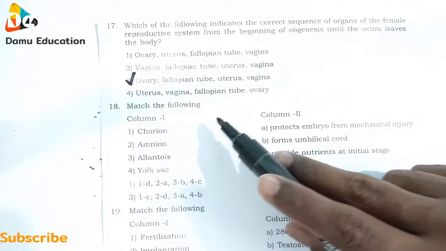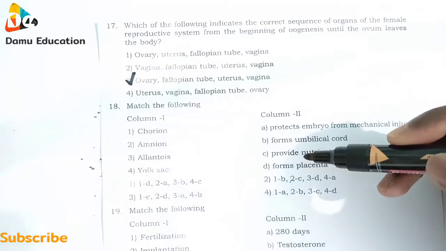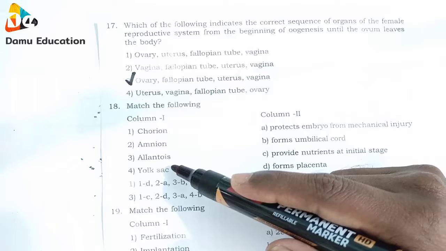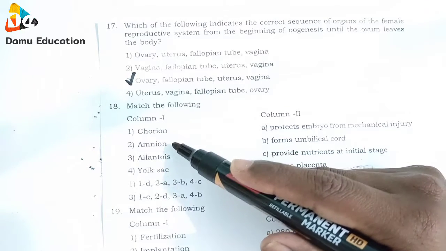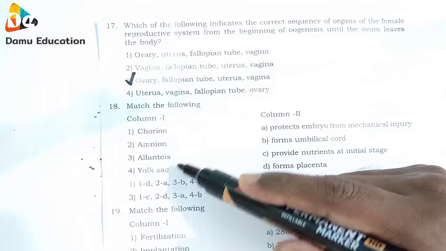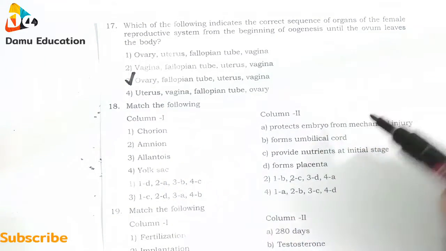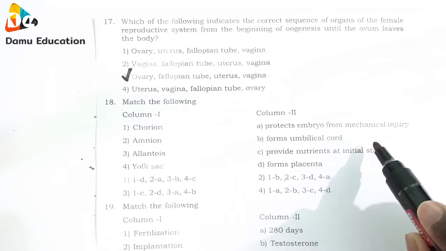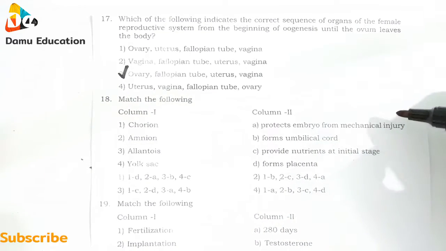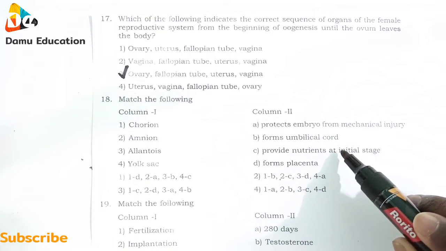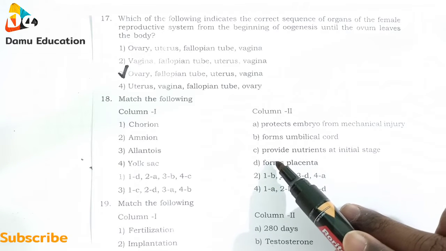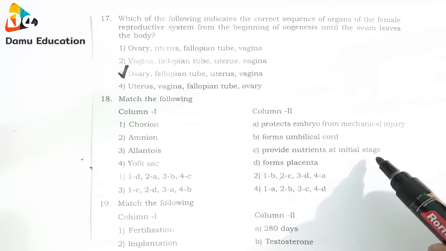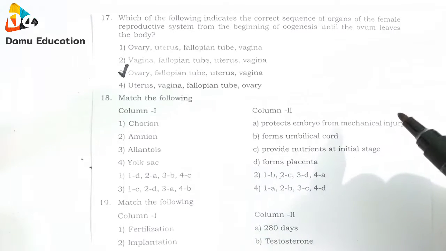Next one, match the following. The left side, column 1 and column 2, are given. Here four are given. So what is that? Chorion, amnion, allantois and yolk sac. On the right side: protects embryo from mechanical injury, forms umbilical cord, provides nutrients at initial stage, forms placenta.